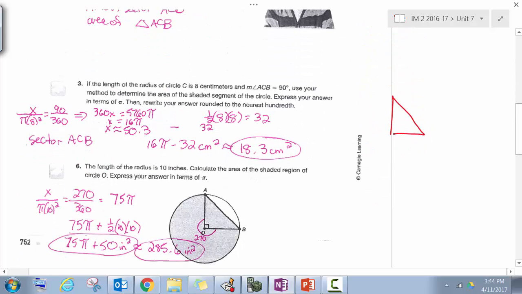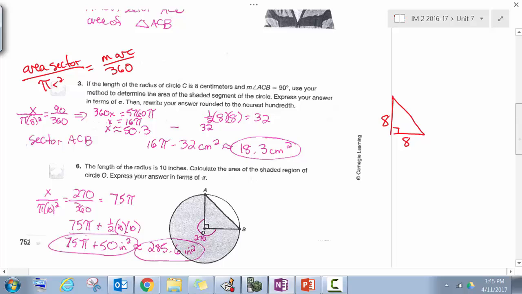The triangle there is 90 degrees, it says that. The radius is 8. So if we want to find the area of a sector, it is area of a sector over pi r squared, our area of a circle, equals the measure of the arc over 360.